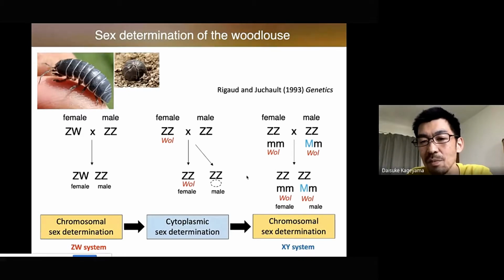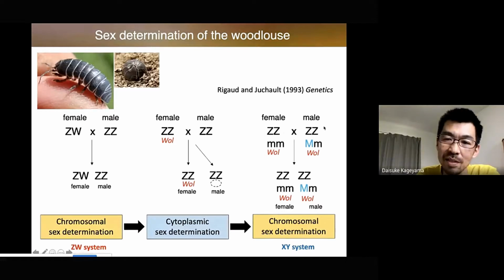Once it used to be autosomes, but the ZZ chromosomes are not sex chromosomes anymore. All of them become ZZ, so they behave like our autosomes. So you can see it's a kind of XY system.